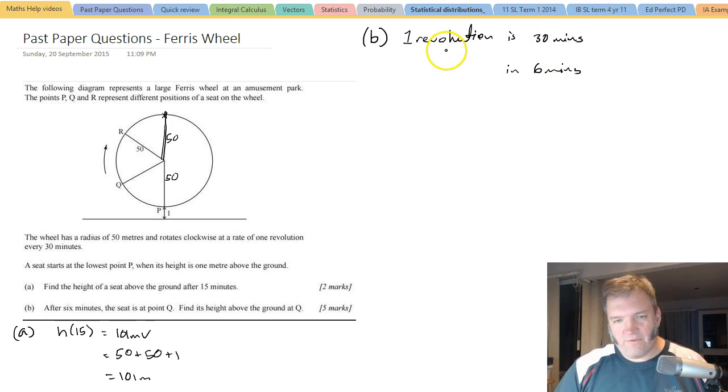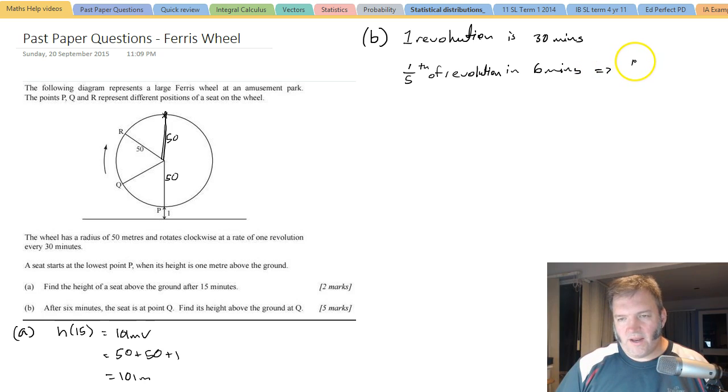Well, that's 1/5 of 30, so it's 1/5 of a revolution, which is, of course, an angle of 2 pi over 5. Okay, well, that's pretty easy.